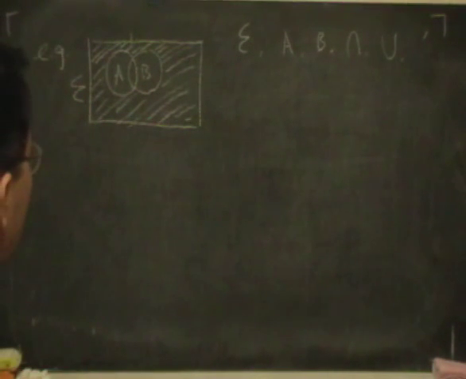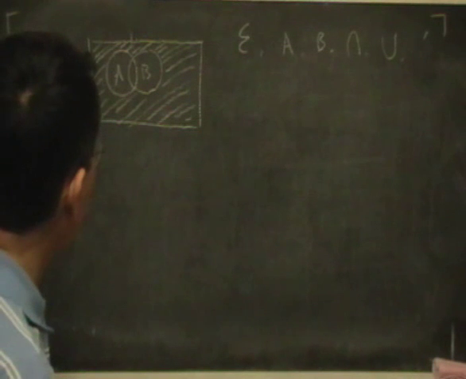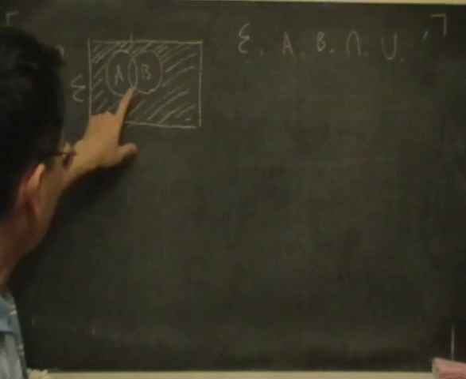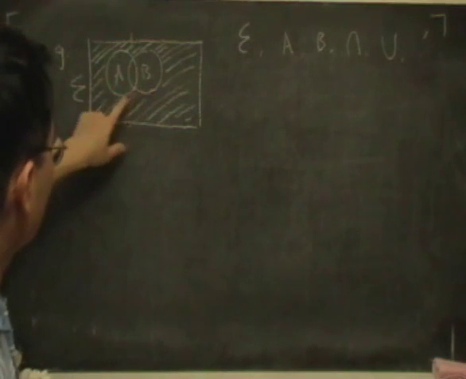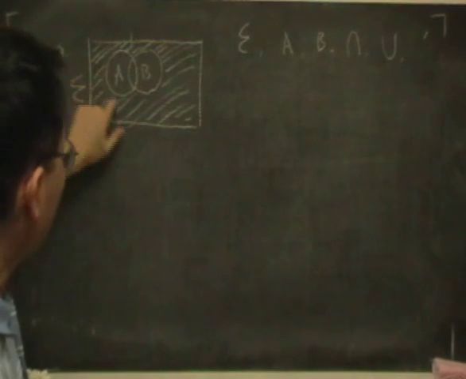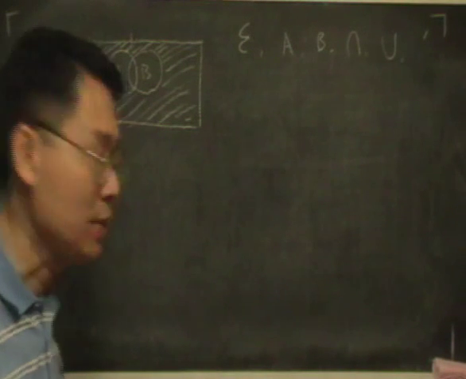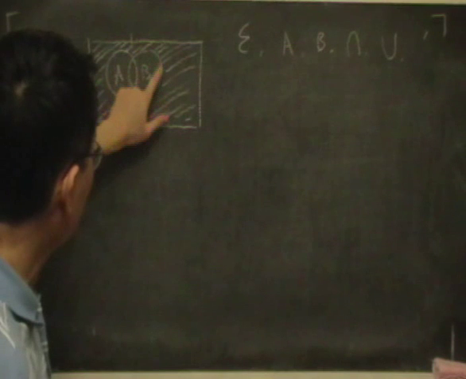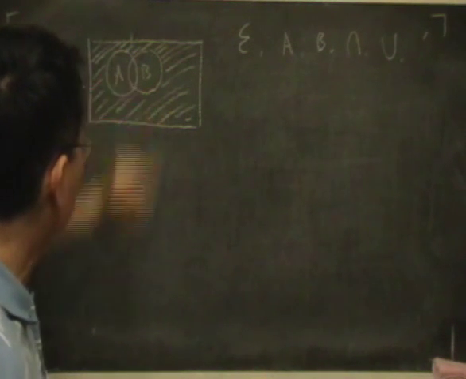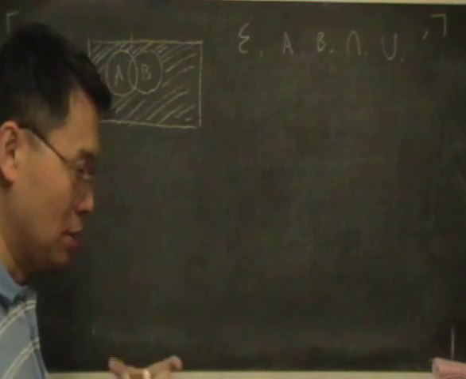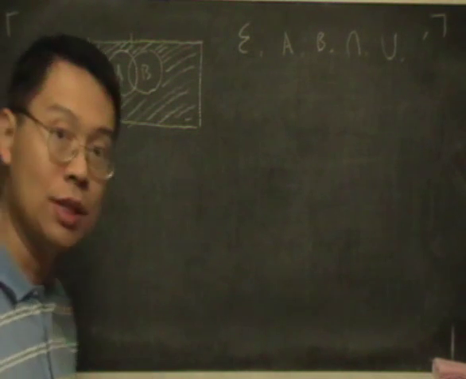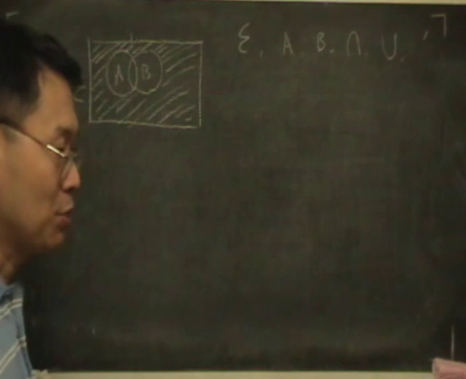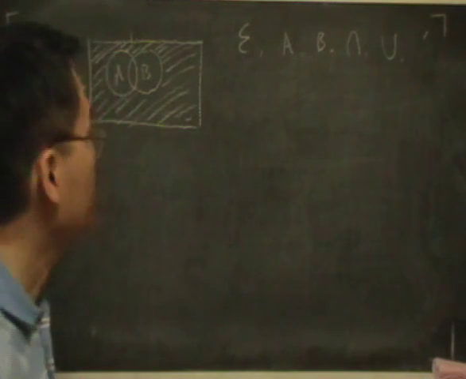Now, that's a rather odd looking shaded area, but what we could do is look at the unshaded area. Now, A is not shaded, right? B is not shaded. The whole of this unshaded area contains all the elements in A and in B. If you remember, that means union.